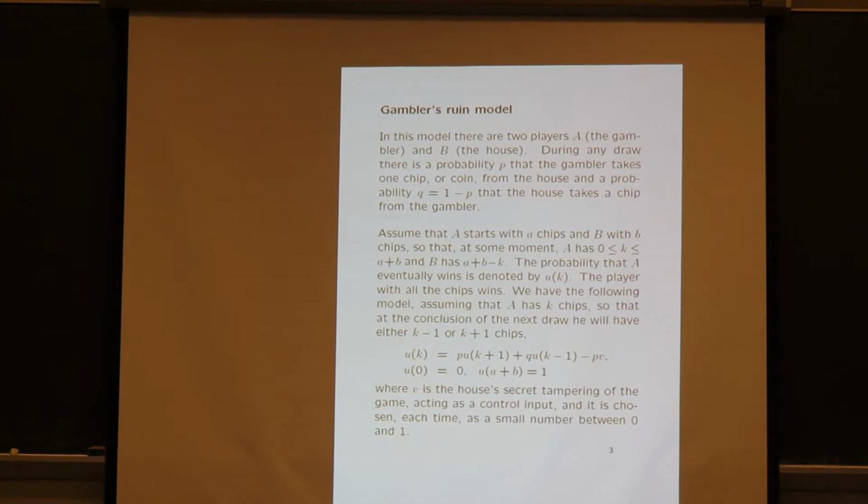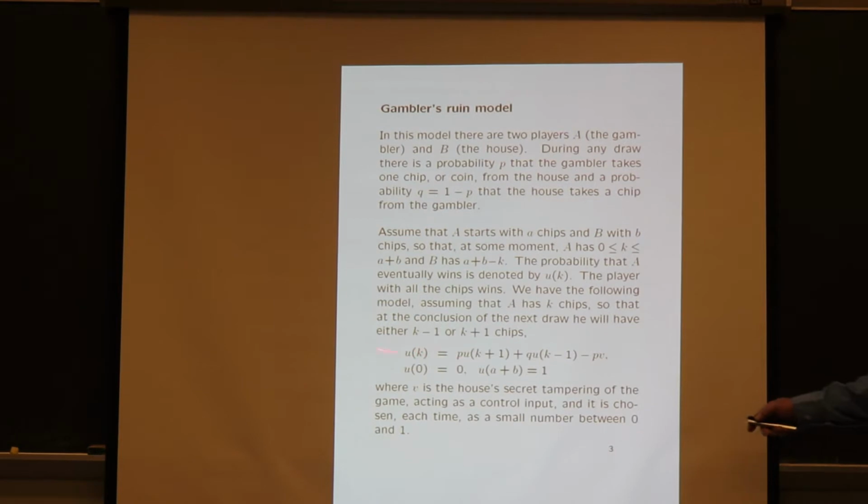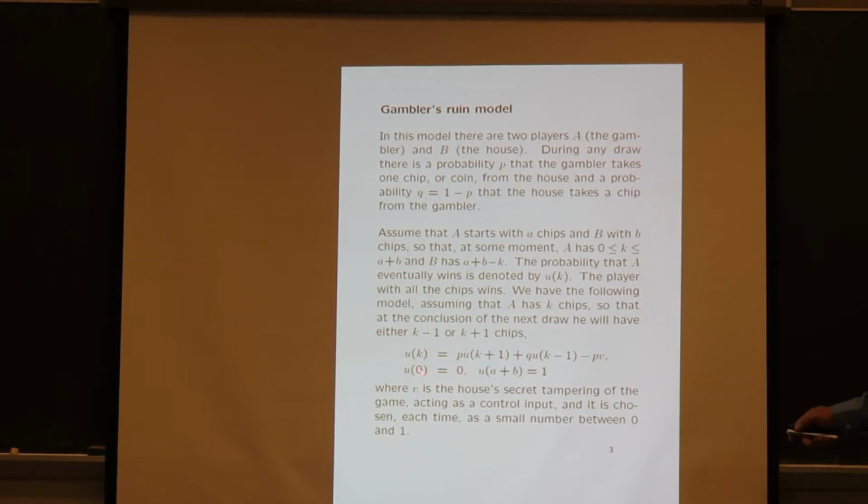Let's suppose the house can intervene with some control action in this dynamics, and we will start with the number of chips being 0, and the total number of chips at the end will be 1. One of them has to win at the end.